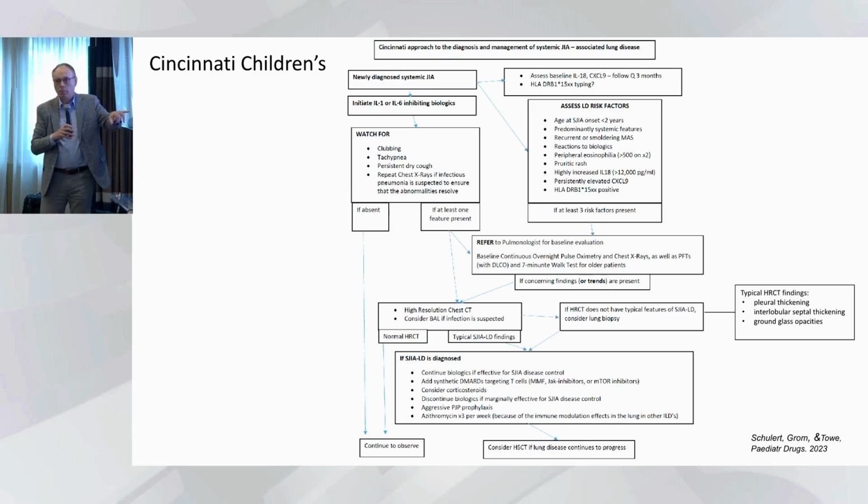We do stop biologics if they are only marginally effective for the control of the underlying disease. And then we also focus on aggressive PJP prophylaxis as well. We typically would start azithromycin, first of all for prophylaxis of infection, but also our pulmonary colleagues believe that azithromycin would have some anti-inflammatory effect in the lungs in this patient population.